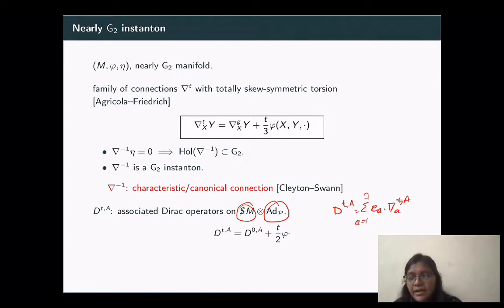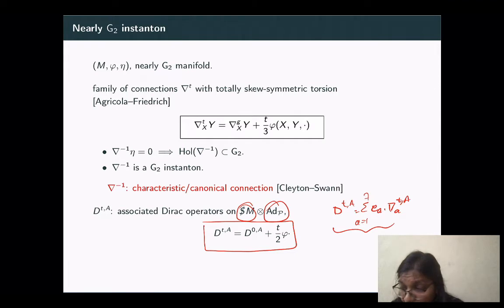Nabla t A is just the associated connection on SM tensor ad P to nabla t and the G2 instanton A. So we have this family of Dirac operators, and using this formula, we can actually relate the Dirac operator at any time t and the Dirac operator at time 0, or the Dirac operator associated to the Levi-Civita connection.